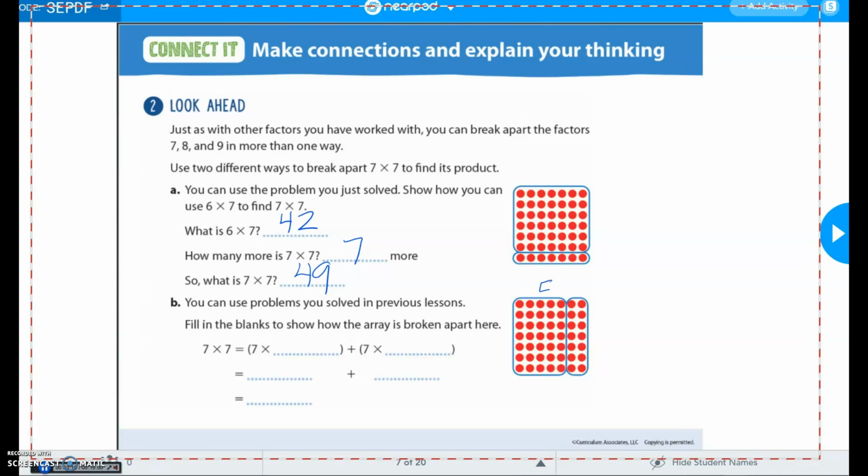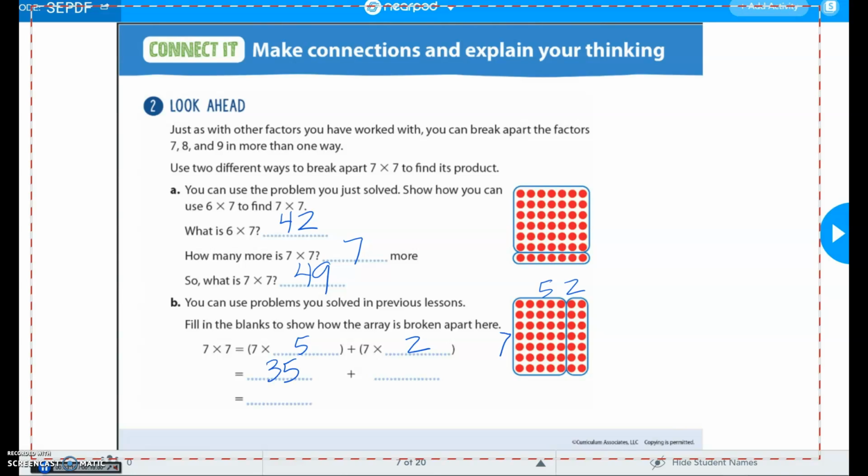In this case, they broke it up into 5 and 2. So they are doing 7 times 7. They're saying this is still 7, but the 7 breaks up into 5 and 2. If we count by 5s 7 times, that would be 5, 10, 15, 20, 25, 30, 35.